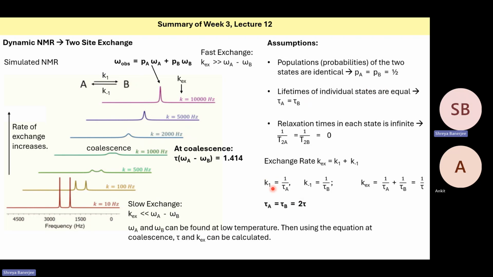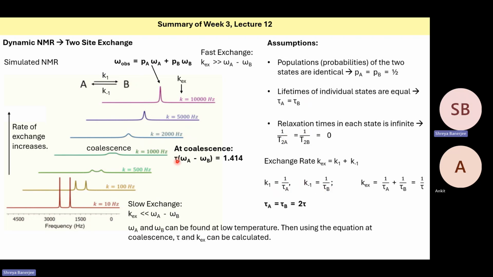Lifetime is basically the reciprocal of the exchange rate. So you can see this equation here. K1 is 1 by tau A, where tau A is the lifetime in state A. And similarly, K minus 1 is 1 by tau B. So the lifetimes tau A and tau B are the reciprocals of the rate constants.